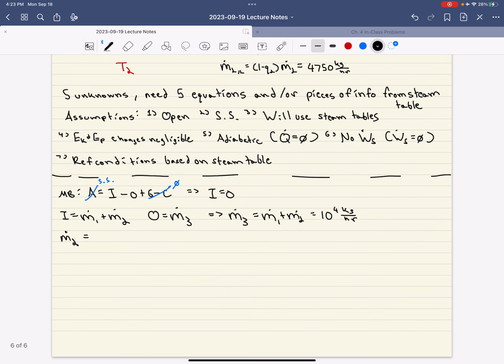If we think about stream 2, M2 is going to be the sum of M2V and M2L. For M2V, we can relate that to the overall mass flow rate by multiplying M2 by the mass quality. And for the liquid component, we just multiply by 1 minus that.